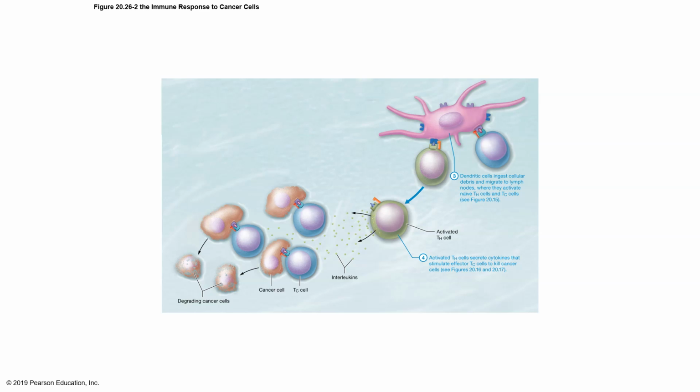Dendritic cells will start ingesting the cellular debris and migrate to the lymph nodes, where they activate the naive helper T cells and the cytotoxic T cells. The activated helper T cells then secrete cytokines that stimulate the effector T cells to start killing the cancer cells, as you can see from the illustration.